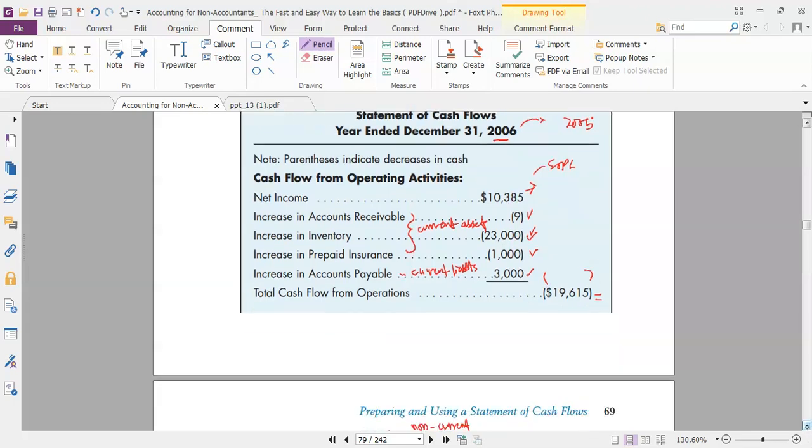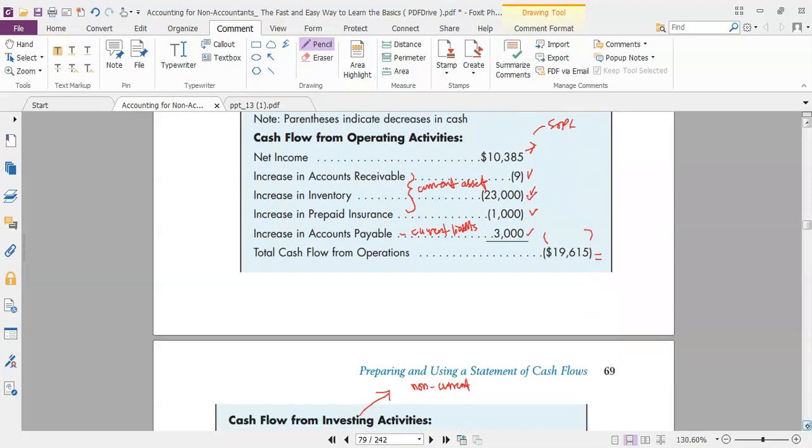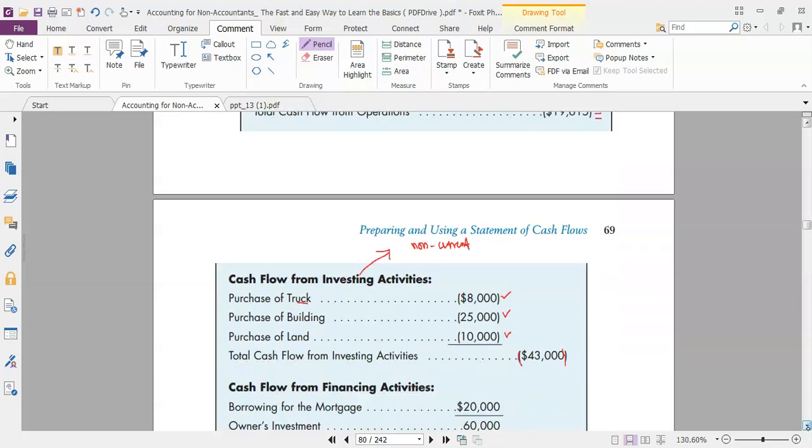So that's why the negative value is in brackets. You should put brackets there. Something like that. Okay. And the same goes for the total cash flows from investing activities, also a negative amount or value.